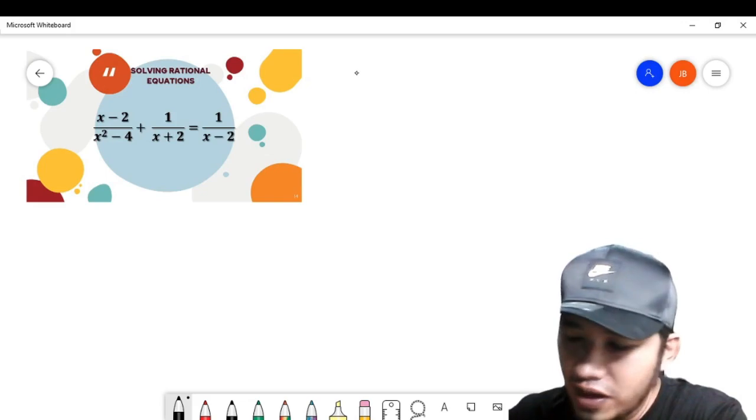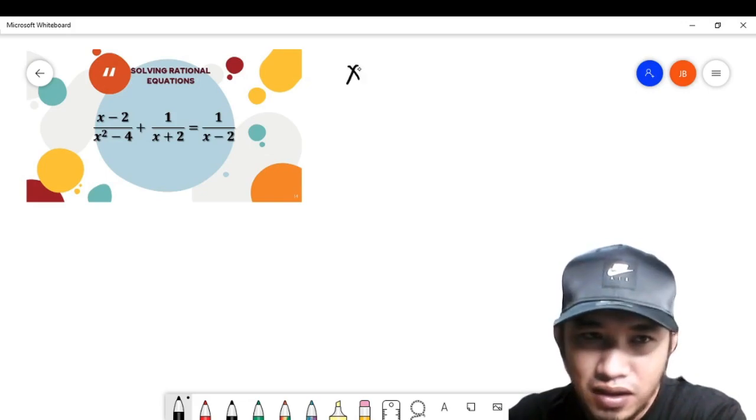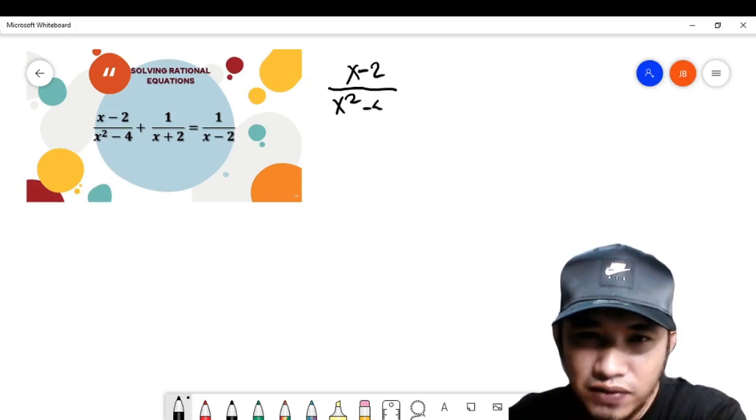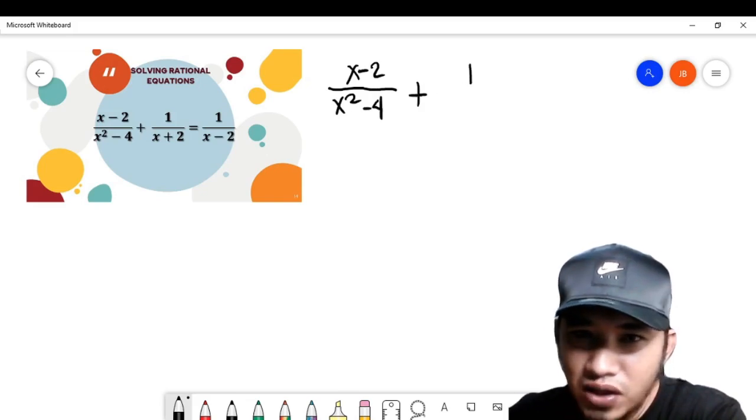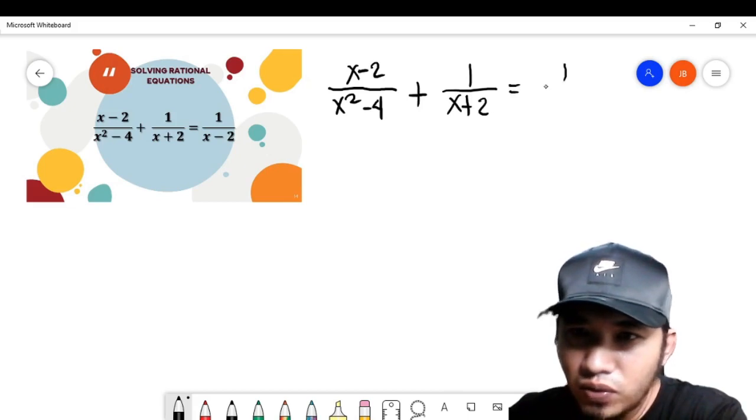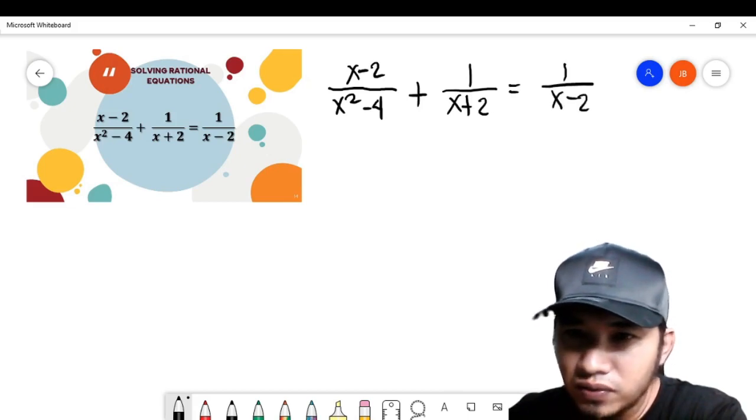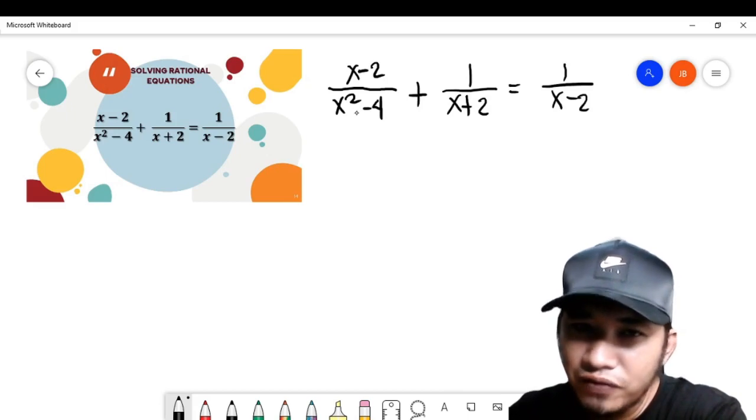So first things first, copy x minus 2 all over x squared minus 4 plus 1 all over x plus 2 is equal to 1 all over x minus 2. Alright, factorable ang first denominator natin.